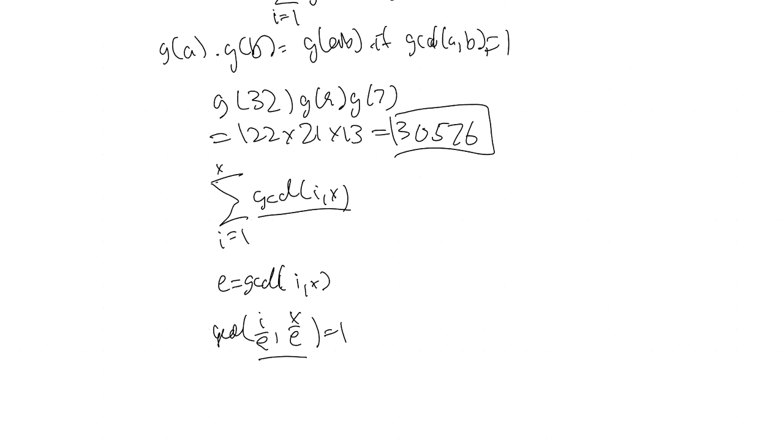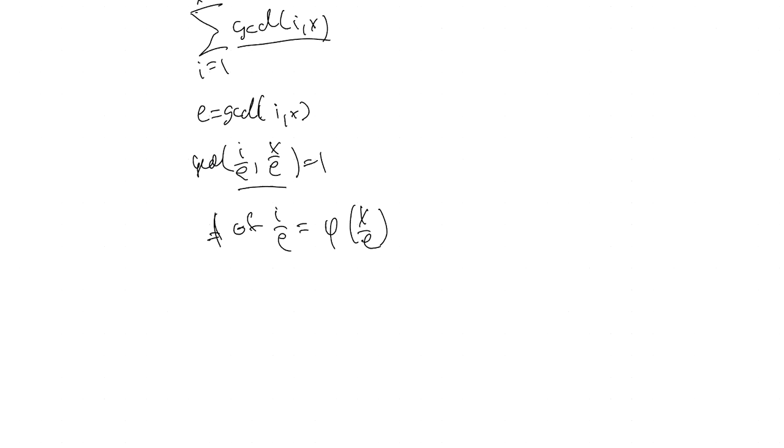The number of i divided by e that satisfy this is equal to the totient of x over e. Does everybody understand this step? It's literally the definition of totient. I hope whoever was following me is still following me. Great. So I hope this all makes sense.